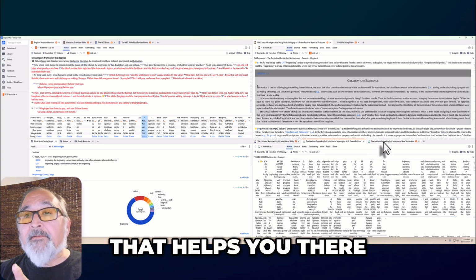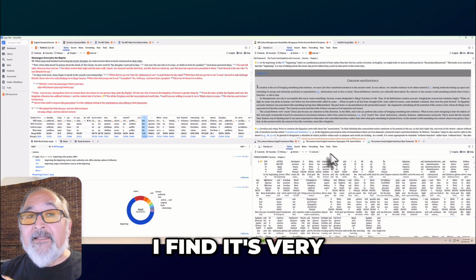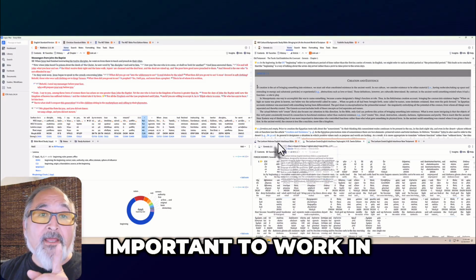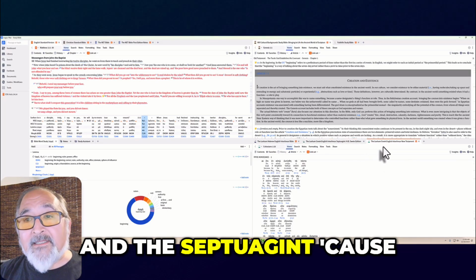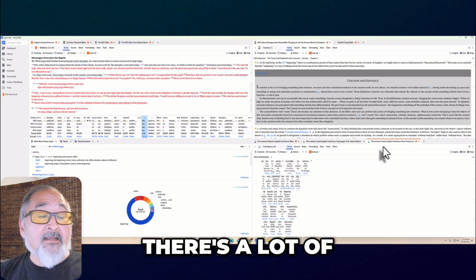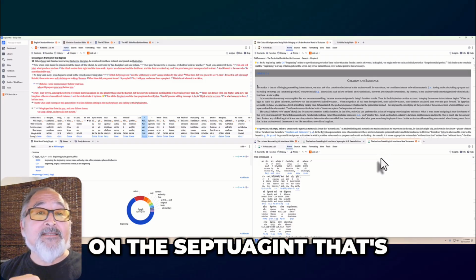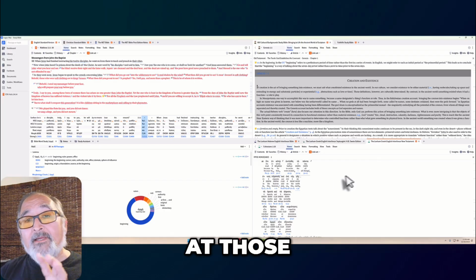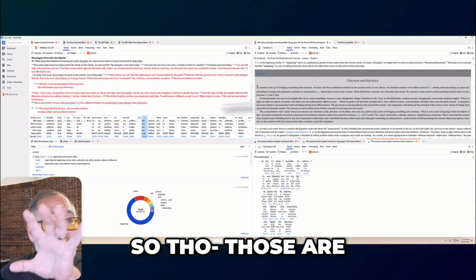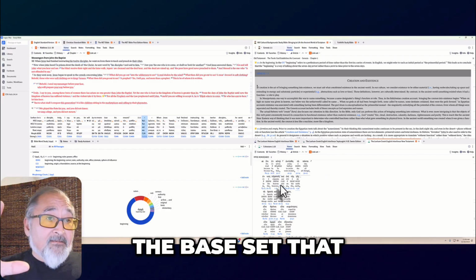That helps you there. And I find it's very important to work in both the Hebrew, the Greek, and the Septuagint, because there's a lot of information on the Septuagint that's slightly different than the Hebrew, and you want to know why, and you want to look at those things. So this is the base set that I work from.